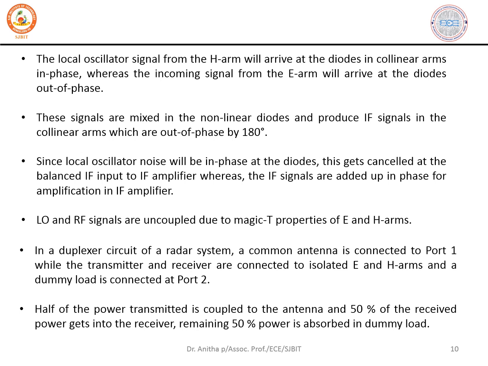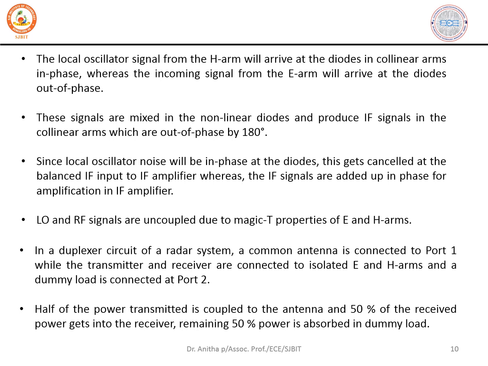So you can observe half of the transmitted power is coupled to the antenna, and 50% of the received power gets into the receiver, and the remaining 50% of the power is absorbed by the dummy load. So that you can identify the power output at the dummy load.